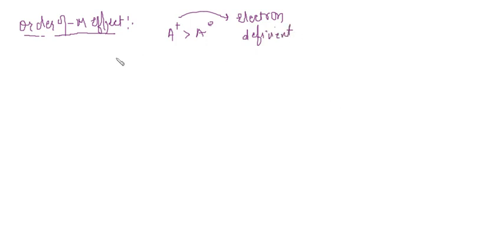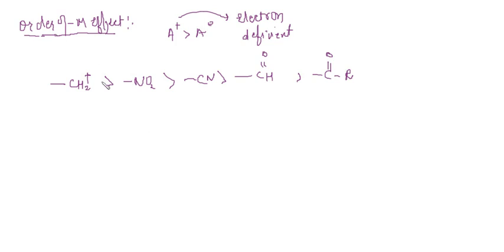Here it is CH2 plus. If we see the order, CH2 plus, then electronegative elements will come here, then cyanide, then aldehyde, then ketone. Okay, so this is the basic structure of the order of minus M effect. If some other compound is there, we have to see the comparison according to this order.